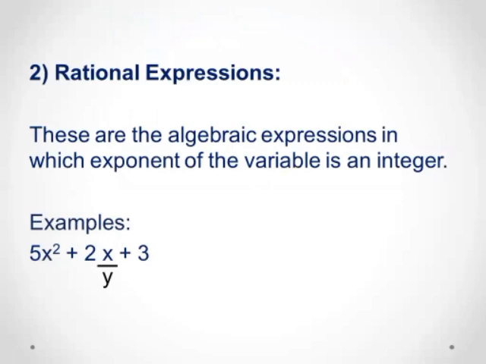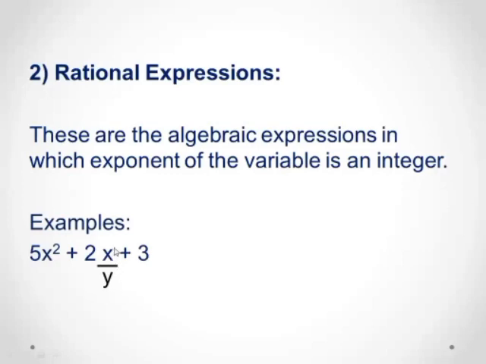The second type of algebraic expression is known as rational expressions. These are the algebraic expressions in which exponent of the variable is an integer. Integer means positive numbers, negative numbers and 0. Let's see the example. 5x square. In this case, the power of the variable is 2. The second one is the second term, 2x upon y.